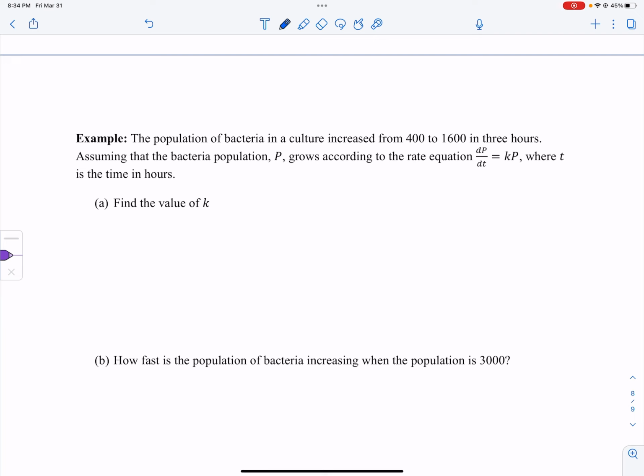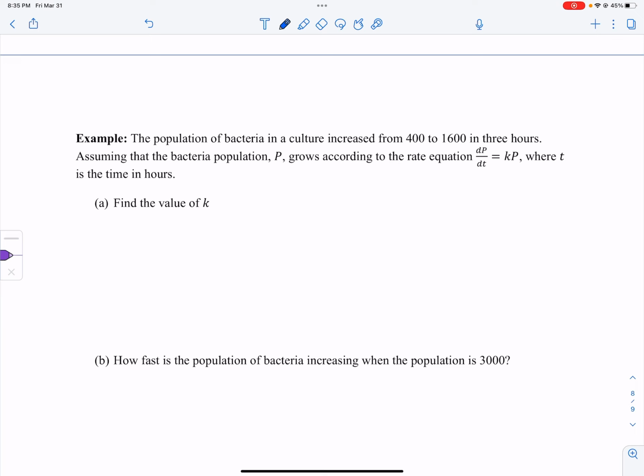Okay, so let's work through a few of these exponential growth and decay problems. So the population of bacteria in a culture increased from 400 to 1600 in 3 hours. Assuming that the bacteria population P grows according to the rate equation dP over dt equals k times P, where t is time in hours, find the value of k.